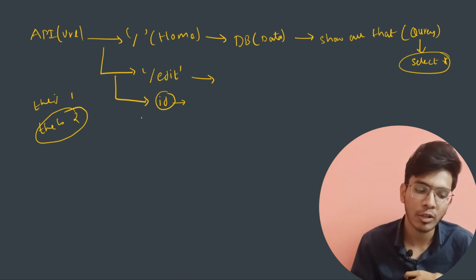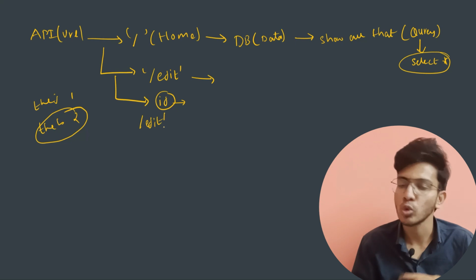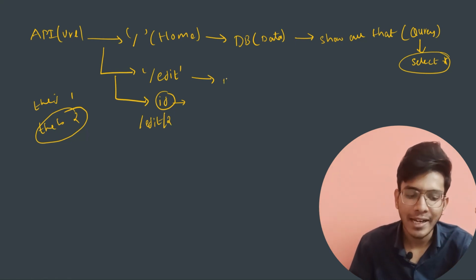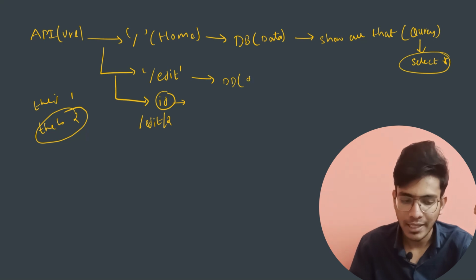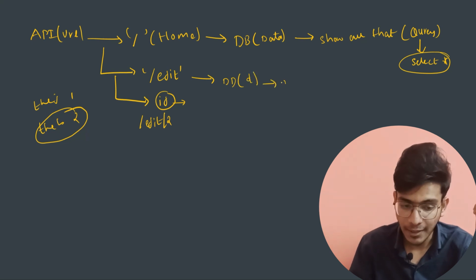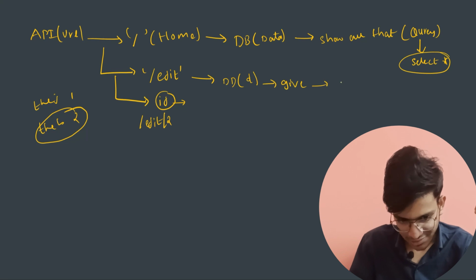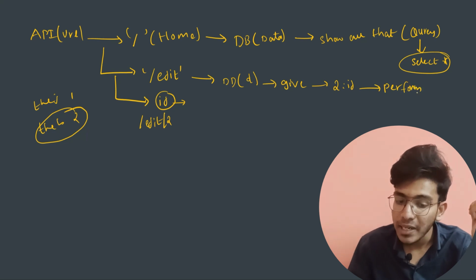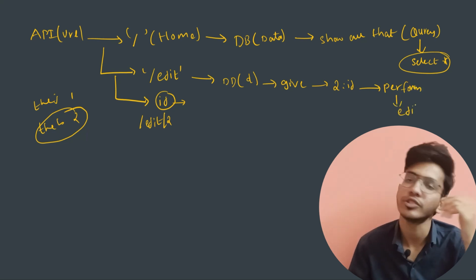In my API I will give /edit/2. Now when I give /2, I will get the data of the second ID user from my database, and I will perform edit operations on that particular user.